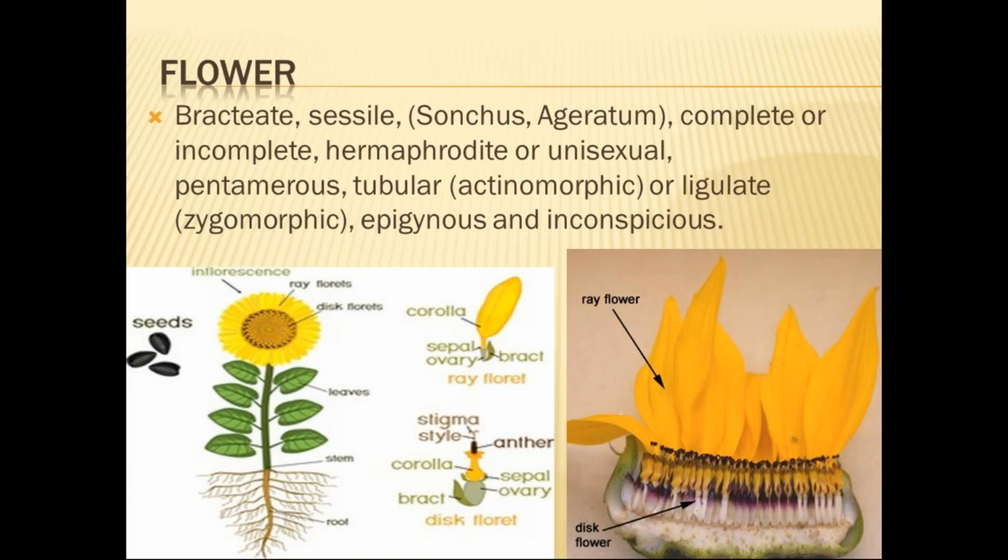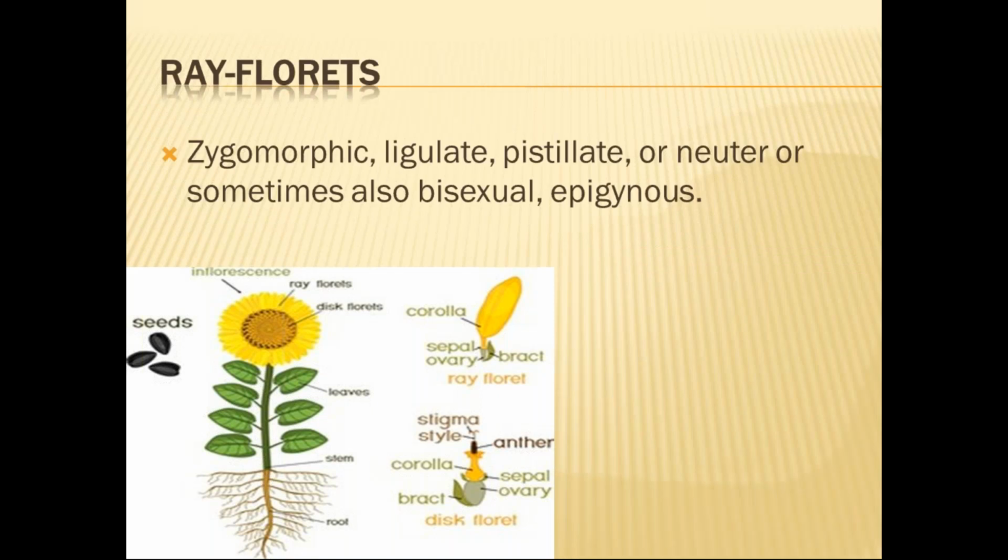Flower is bracteate, sessile, complete or incomplete, and hermaphrodite. They are pentamerous, epigynous, with inferior ovary. Ray florets are zygomorphic, ligulate, slit is there, but androecium is totally absent in this.